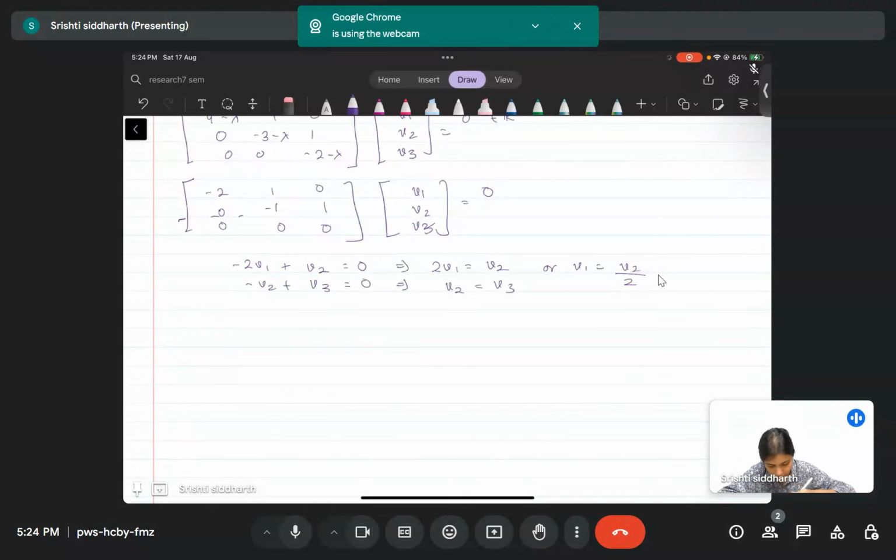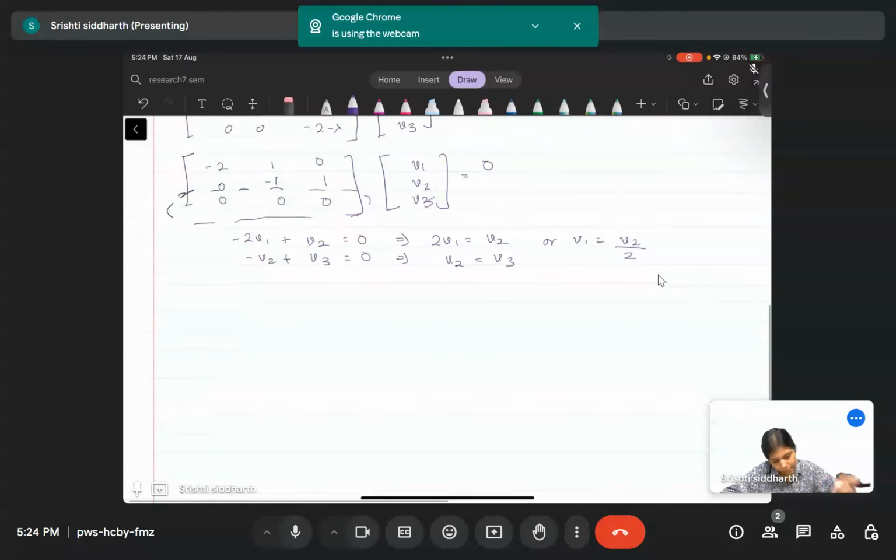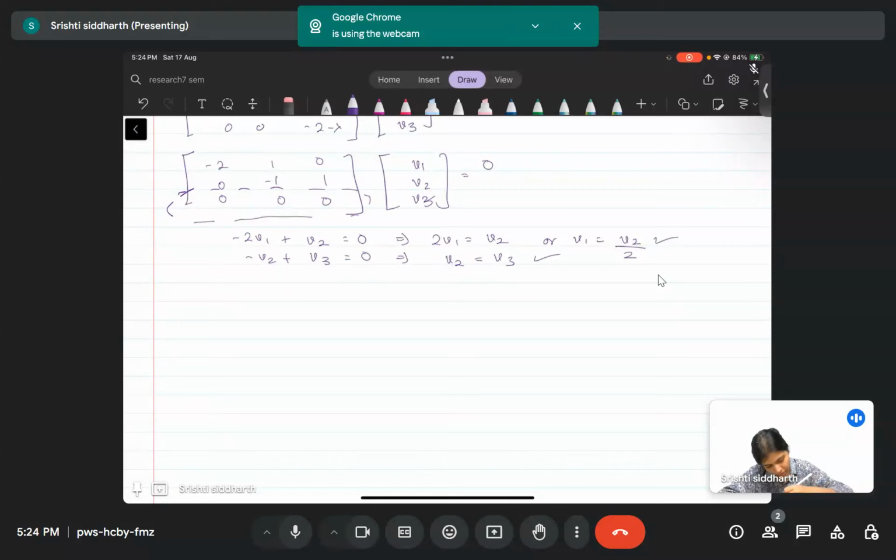And then we don't have a third equation because this is a row of zeros. So we have two conditions and we need values of three variables v1, v2, and v3. So let's assume something. Let t equal 1. This implies that v2 is also 1. This implies that v1 is going to be half. So this satisfies the eigenvalue equation.